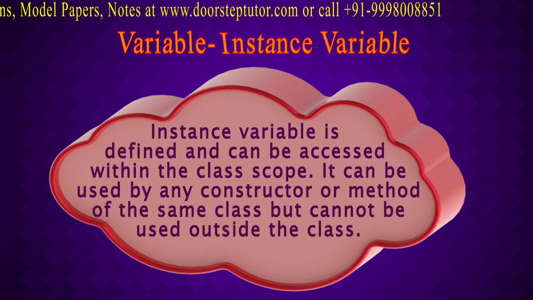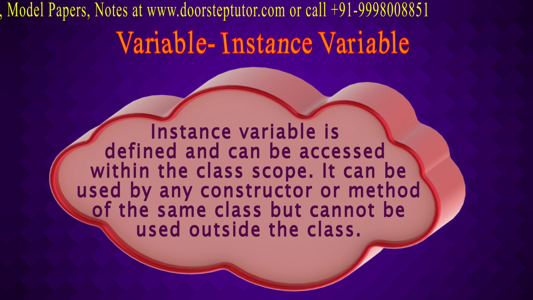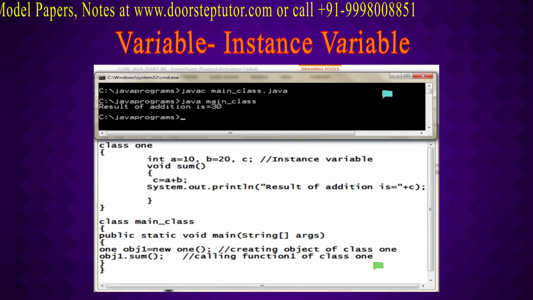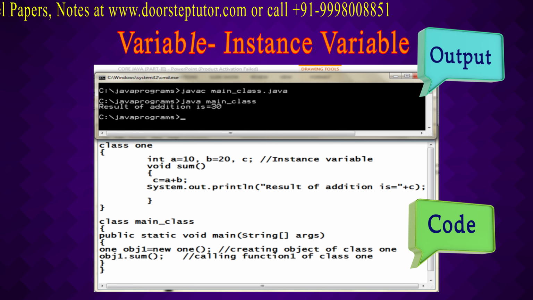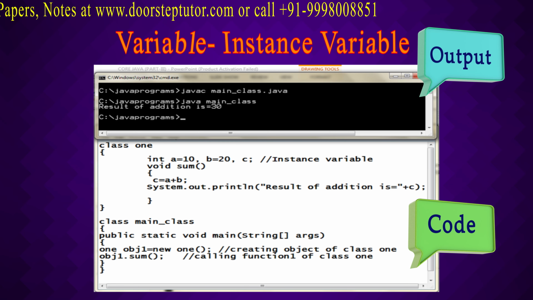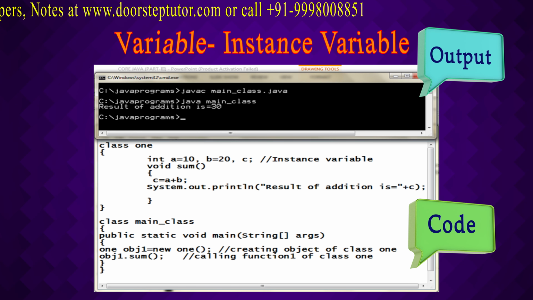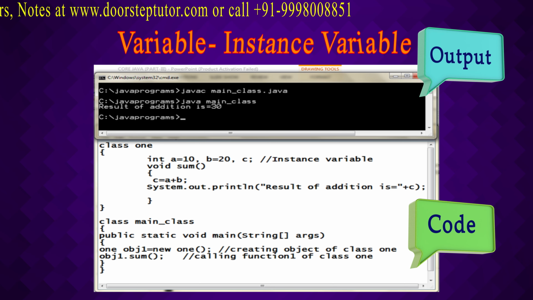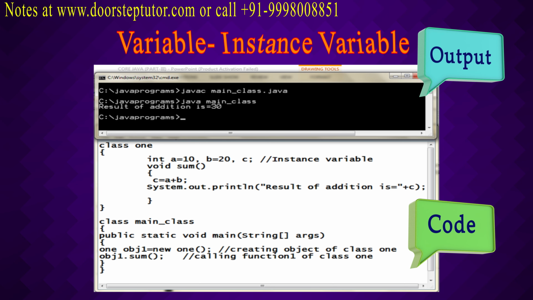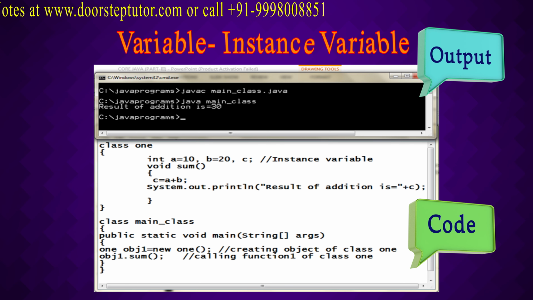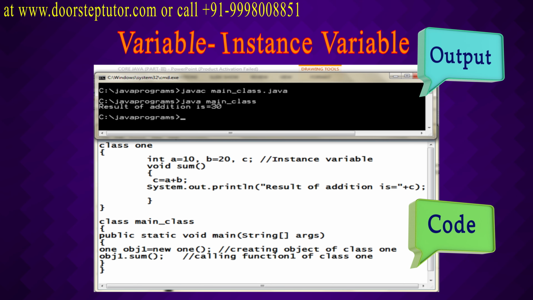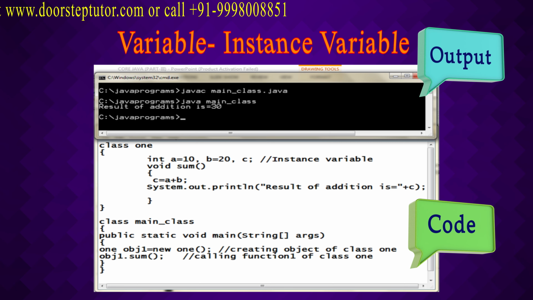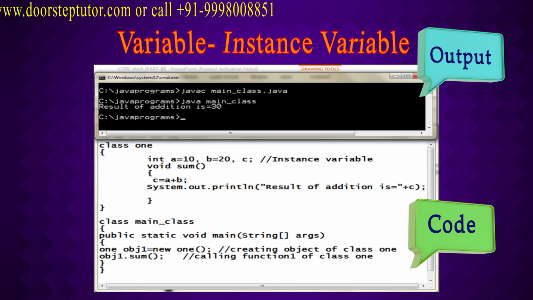So those are called instance variables. As in the example, we can see we are having obj1 of class 1. So it can use the data members and functions of class 1 only. So obj1 can access the sum function and the instance variables a, b and c. Now these are defined outside the function, so these are called instance variables.